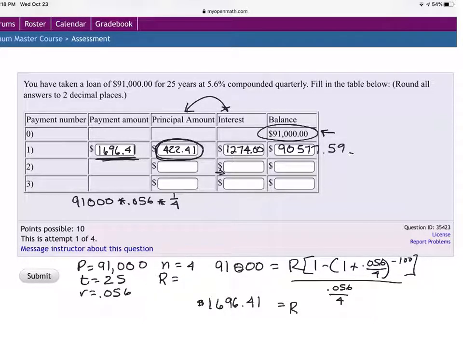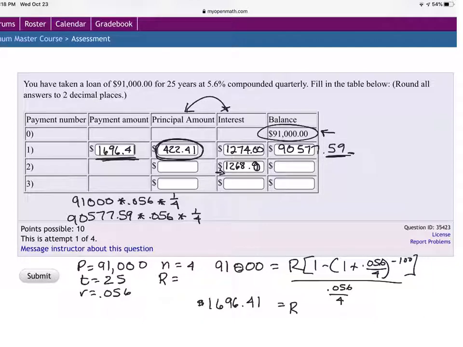Okay, now I'm ready to find my interest for my next quarter. So I'm going to take this amount right here, times 0.056 times 1/4 of a year, because that's again a quarter. And I get for my interest $1,268.09.